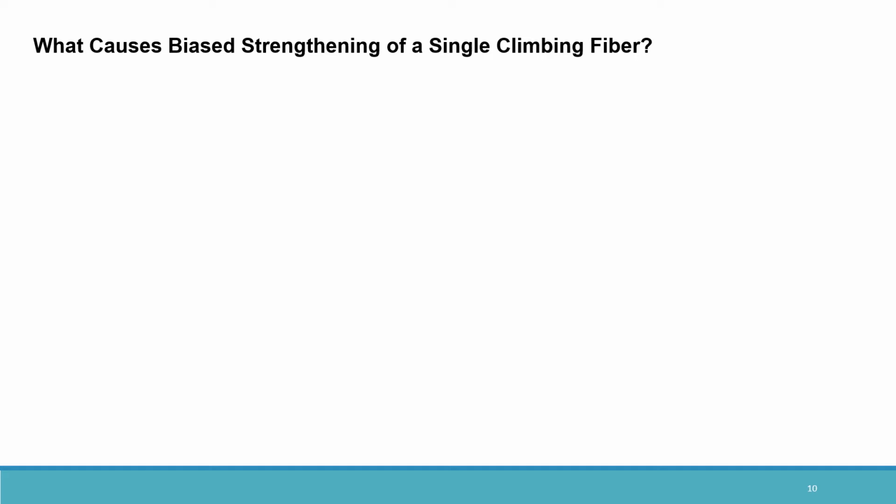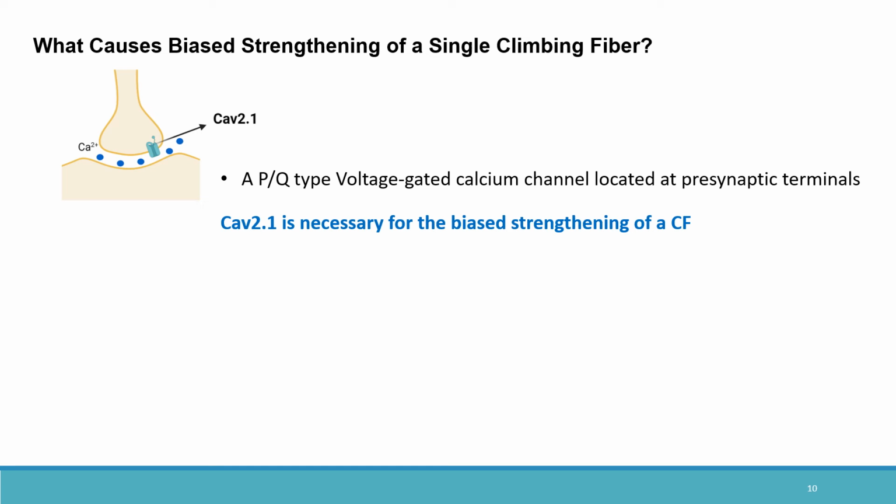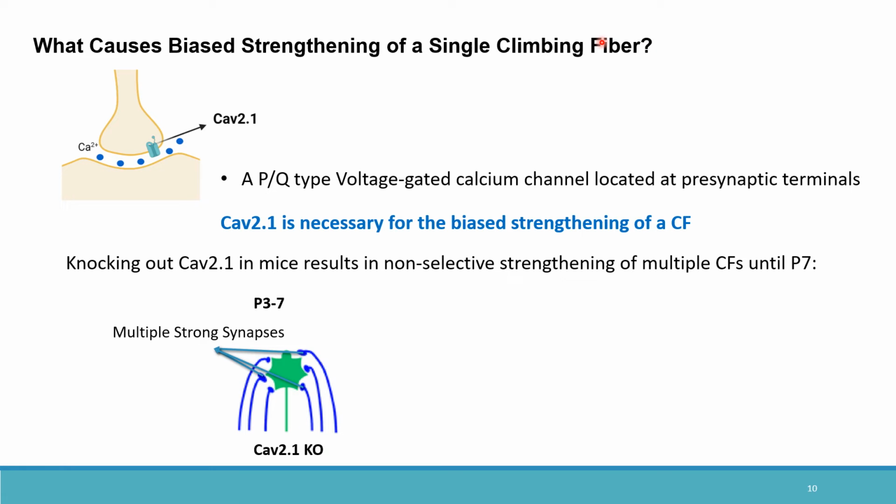The molecular mechanisms underlying the selective strengthening of a single climbing fiber are not fully known. It is known that Cav2.1, a PQ-type voltage-gated calcium channel located at presynaptic terminals, is necessary for the biased strengthening of a CF. Compared to wild-type mice that attain the strongest synapse at P7, Cav2.1 knockout mice have multiple strong synapses by the end of P7.